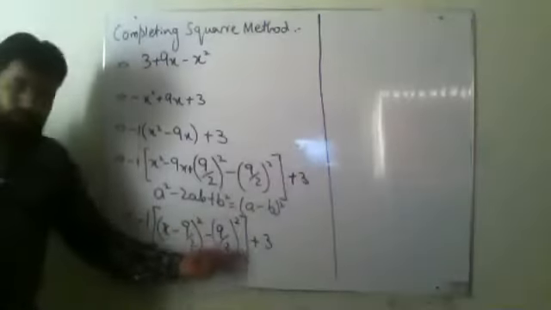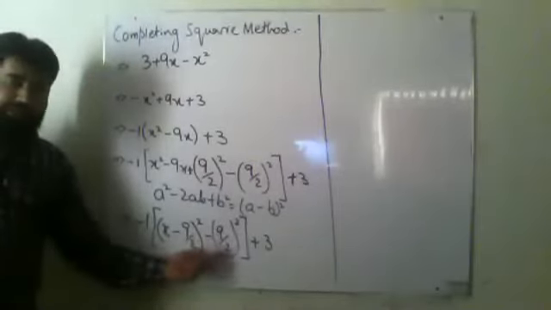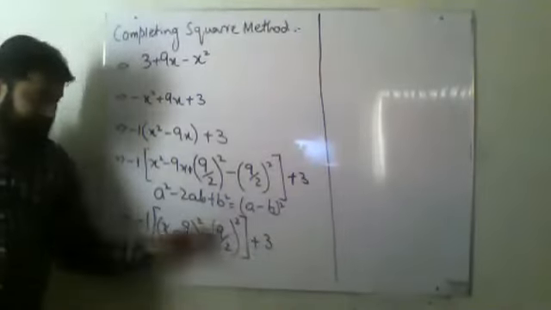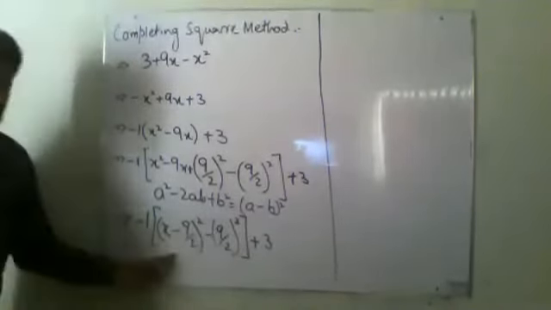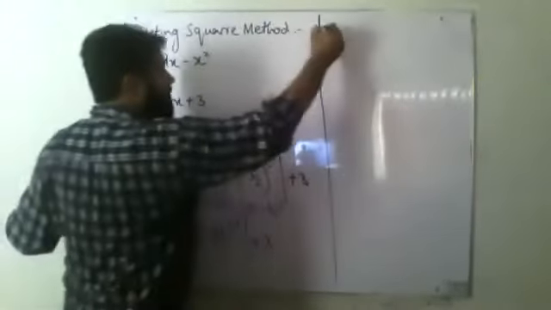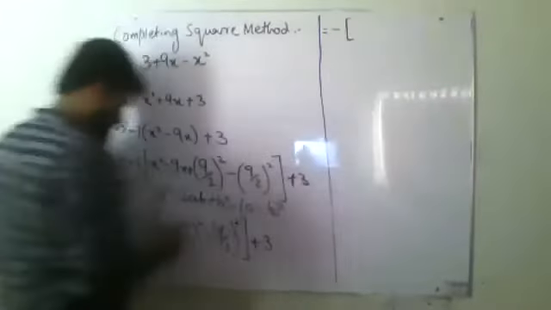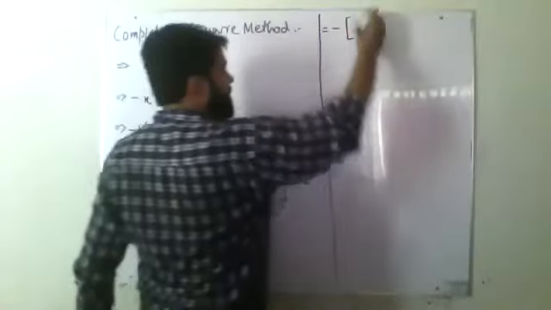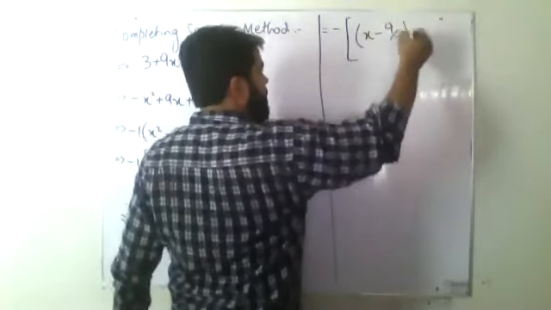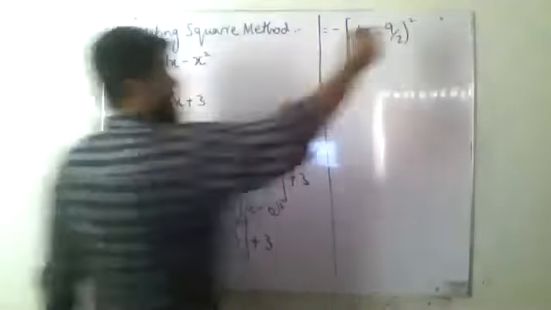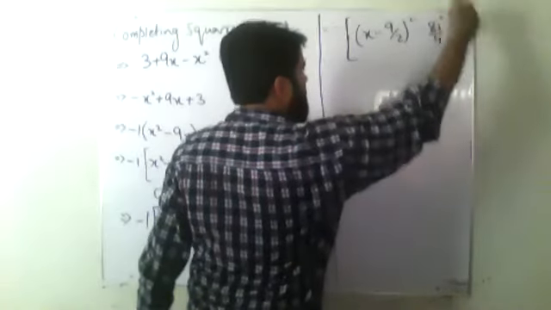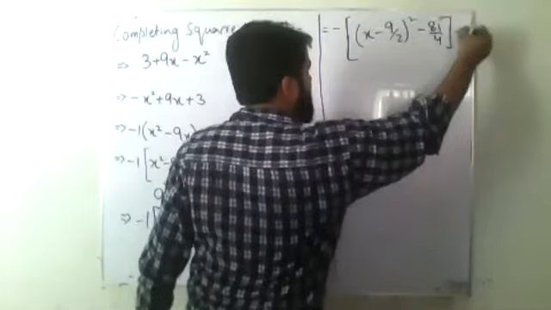Now I'm only going to solve the part which has no x and power. If I can do any simplification, I can only do it with this one. This one will remain the same. So minus bracket x minus 9 over 2 whole square minus 81 over 4 plus 3.